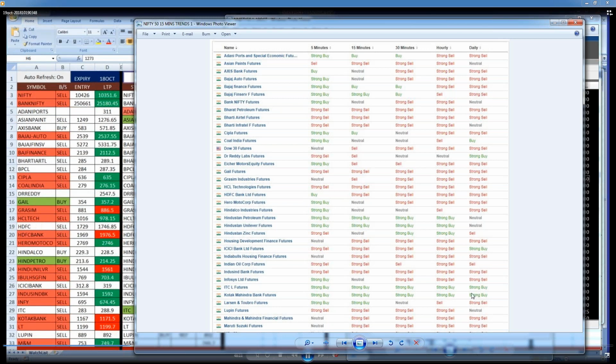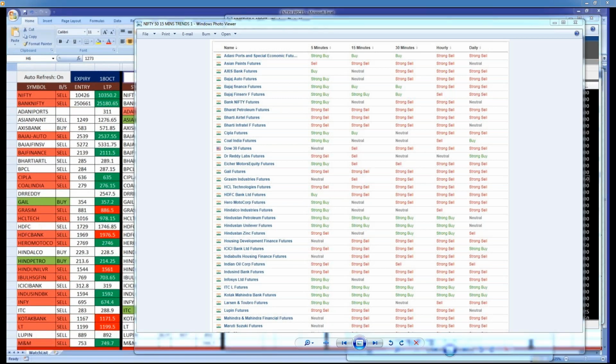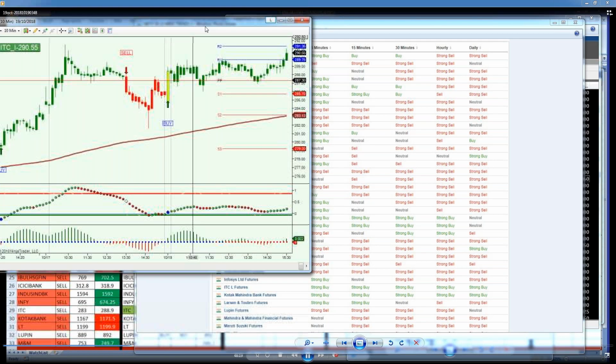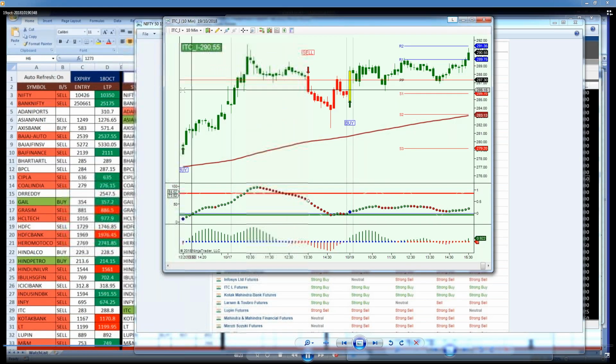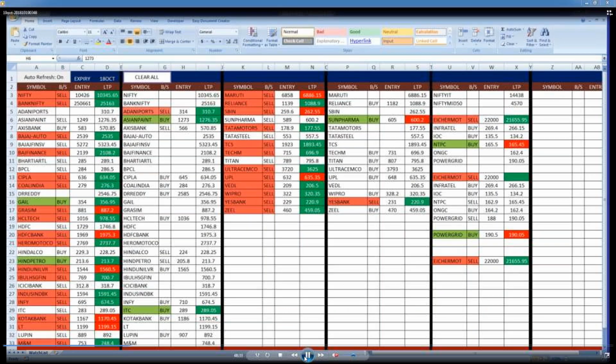Let me pull ITC. So ITC is another script here. So ITC, you can see that I have a sell entry at 283. I have a buy entry at 289. So that's in profit.